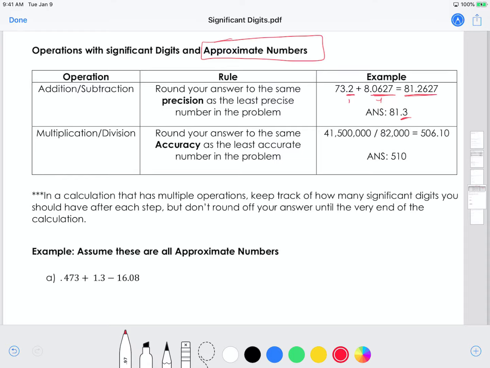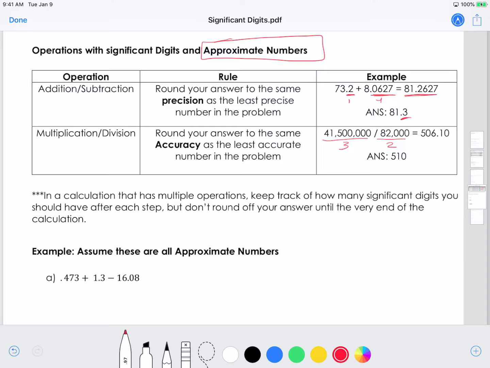So if I want to take 41,500,000 and divide by 82,000, if you notice, here I have 3 significant digits, and here I have 2 significant digits. So if I look at the least accurate number, that's the number that has the least number of significant digits, so that would be 2 significant digits in this example. So when I round my answer, I want to make sure I round it to 2 significant digits.